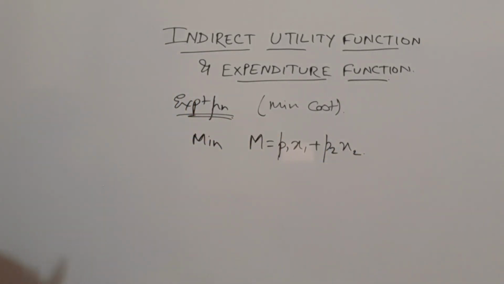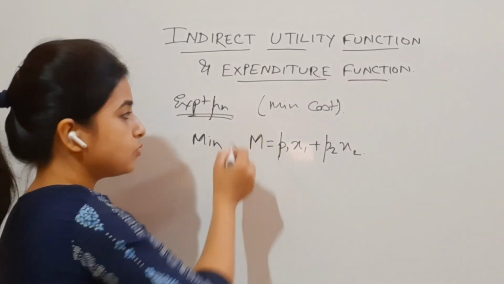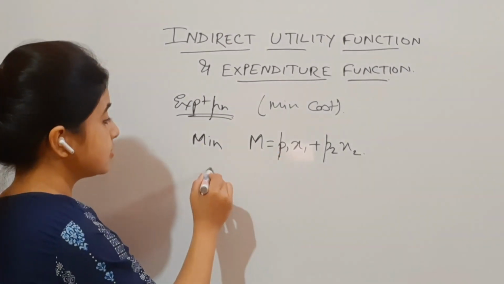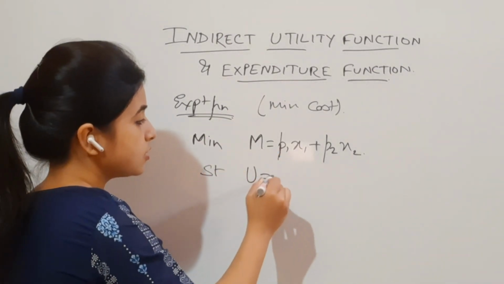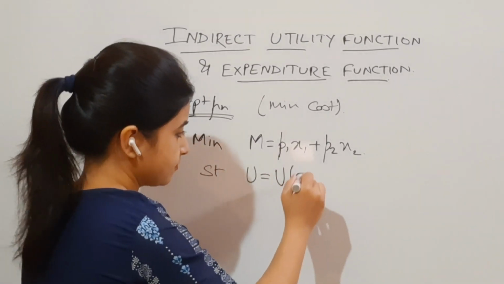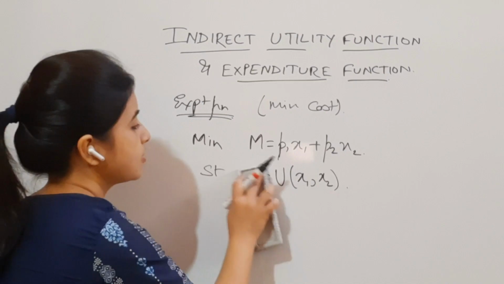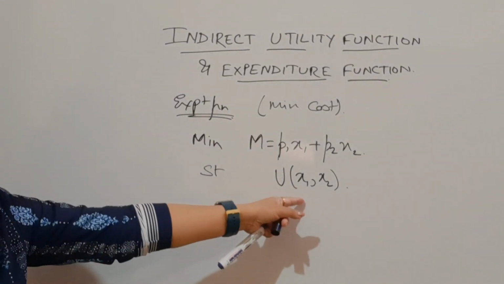If he or she is willing to have the two commodities, this is the amount that the individual needs to spend. This needs to be minimized, subject to what? The utility of the individual.